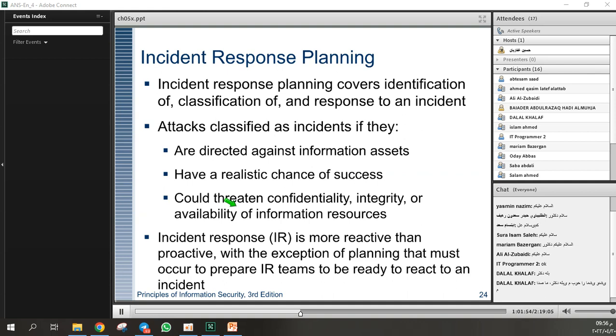An incident may happen just a few times. For example, fire. Maybe after 10 years we have a fire. It would be too expensive if I had a proactive plan for fire.